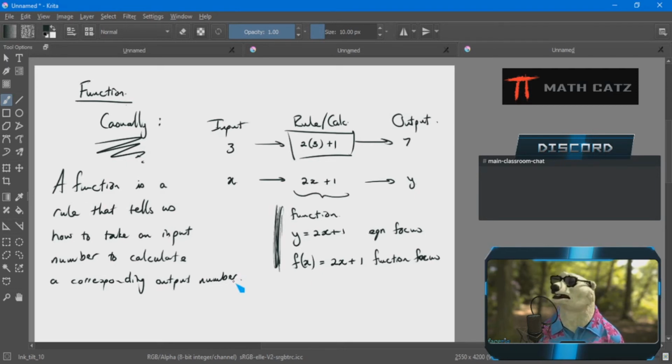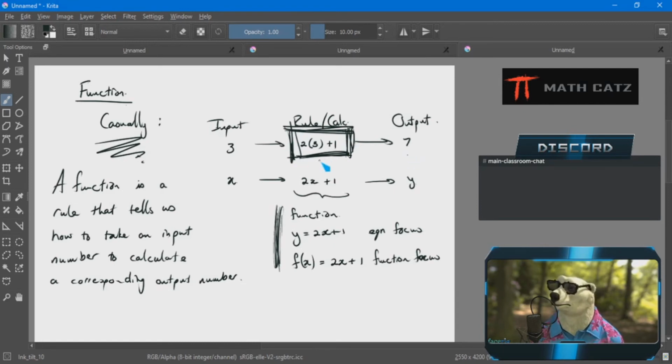So it's just a fancy name for a rule. I have an input number, pick 3, pick 7, pick whatever you want. That input number is going to be fed into my box. That's going to do something to it. That something is called a function. What is happening in this box to my input? What happens decides what the output is going to be.